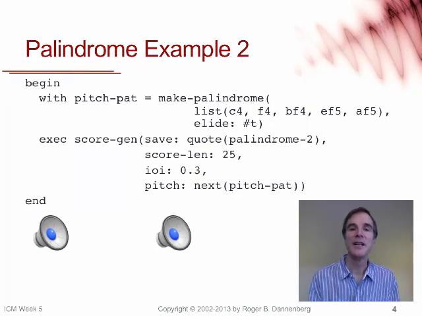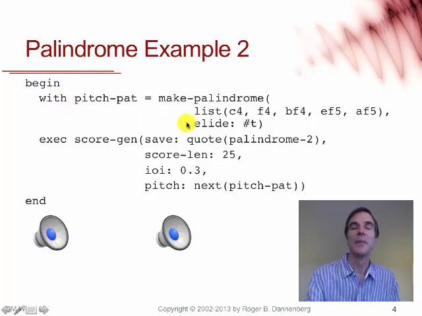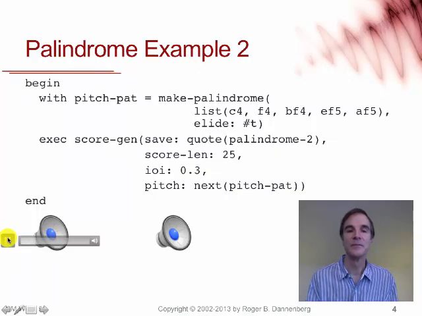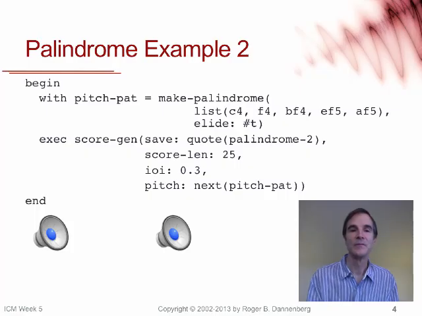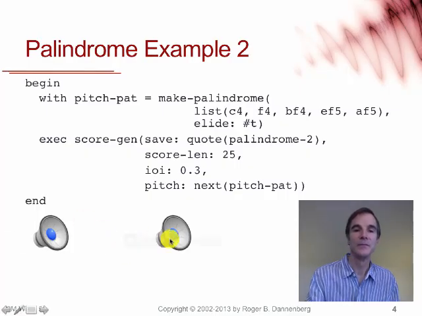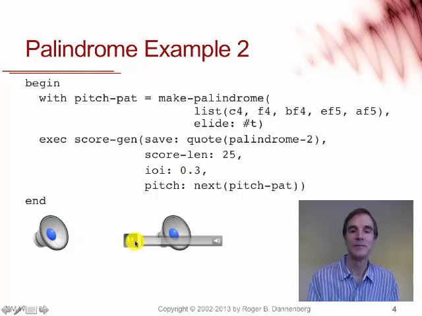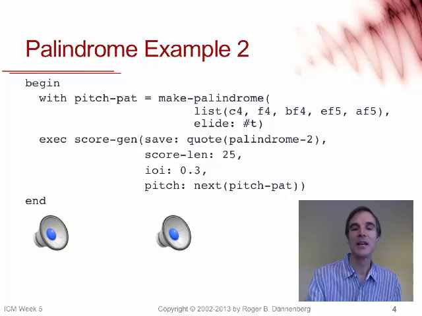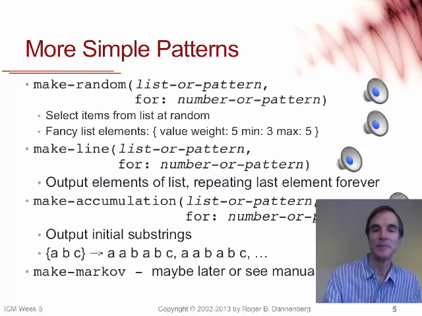Here's another example. Here we're going to turn on elision. That second example was the same pattern, just with a very rapid, very short onset interval.